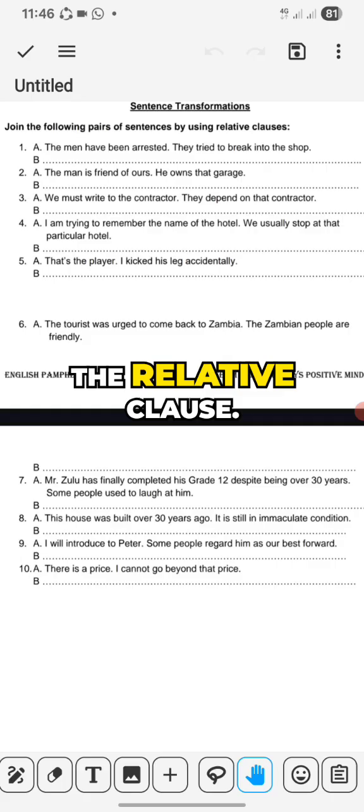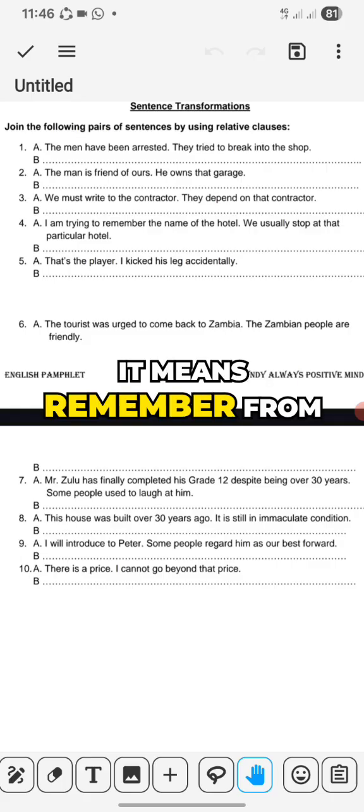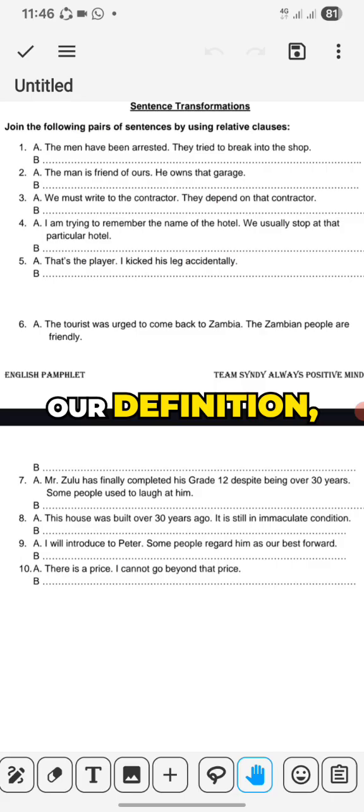Now, when joining these, remember from our definition, it means we need to use relative pronouns here. We are going to talk about relative pronouns in detail, maybe in the next lesson, so that we fully understand their usage and when to use them.